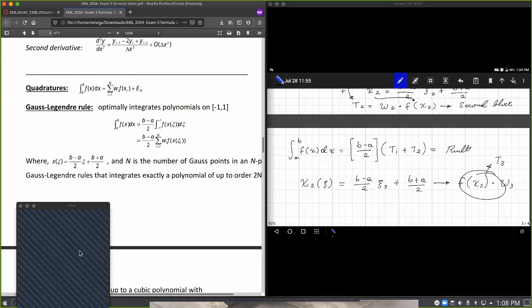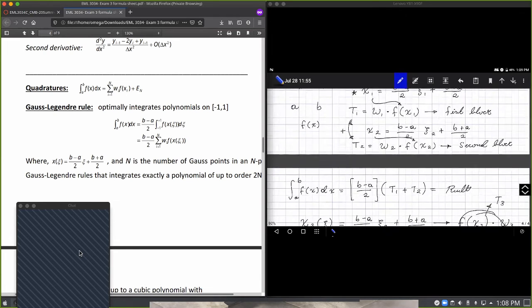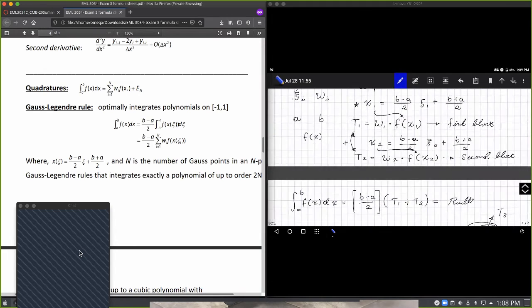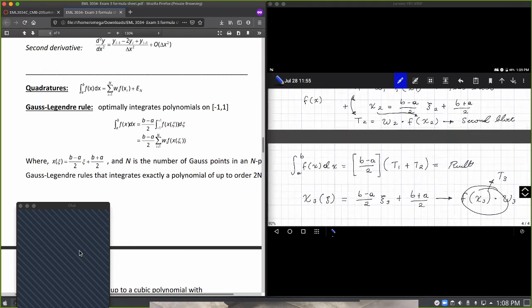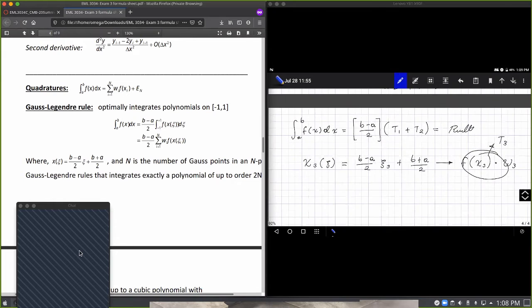You're given a and b. A and b are your limits of integration. Where do I have a 6? I think that's a b, I don't think that's a 6. Sorry, I try my best to write things not very cursive. If it was me, I would be writing a like this and b like this. Yeah, this is supposed to be a b, not a 6.